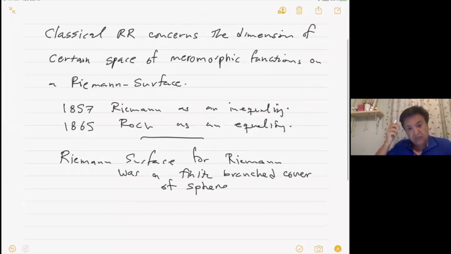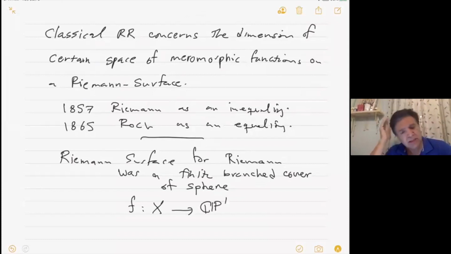So any Riemann surface for Riemann came equipped with a function, which is a meromorphic function X to CP1, the Riemann sphere. But today we define Riemann surface differently.